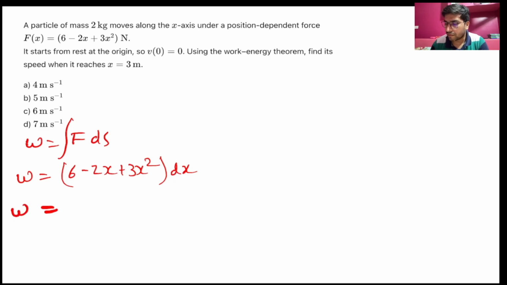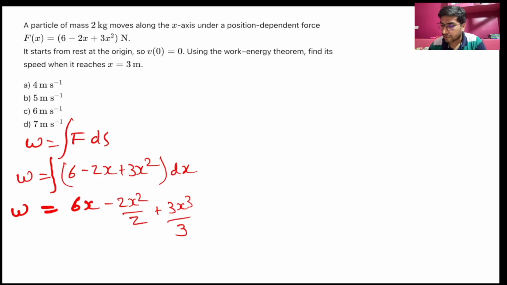Work done is equal to 6x minus 2x square by 2 plus 3x cube by 3, right? And it's given that the integral limit is 0 to 3. So here also we can take limit 0 to 3. So finally it will become what?